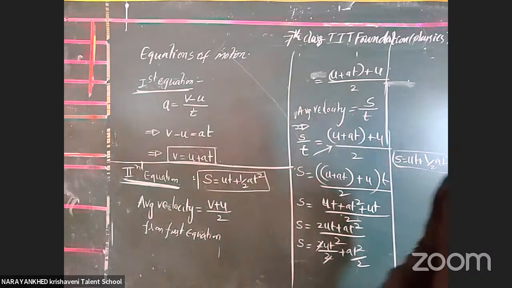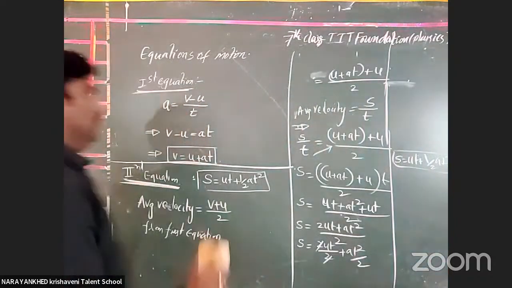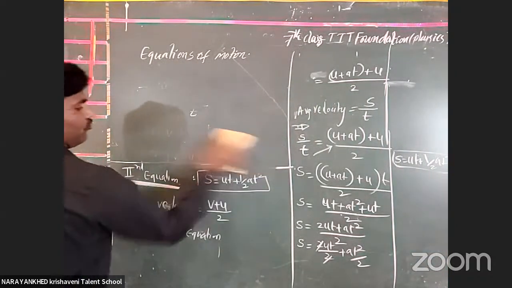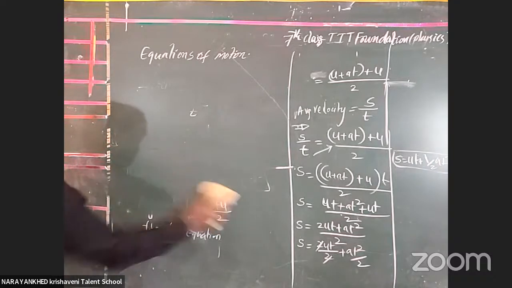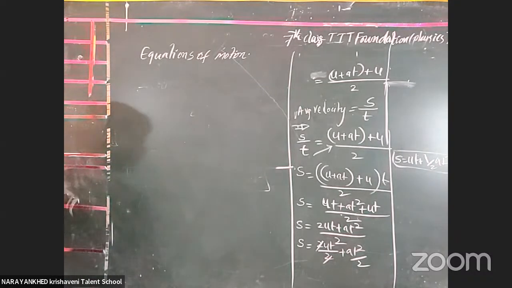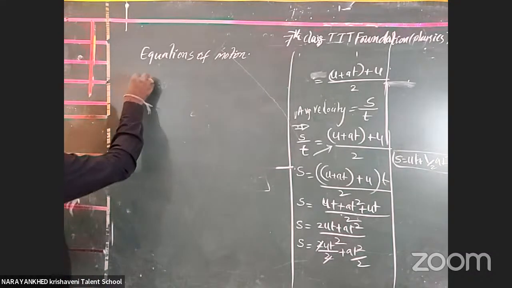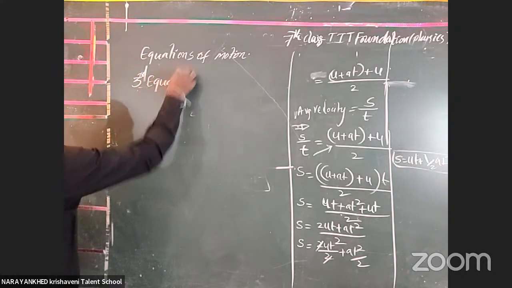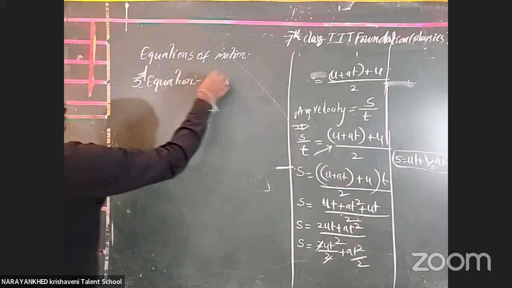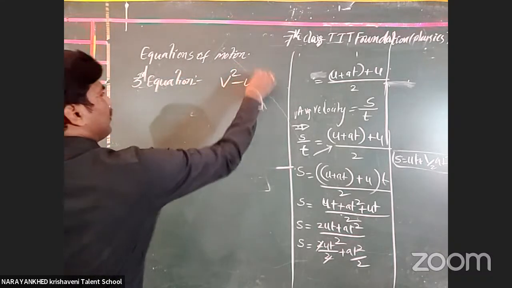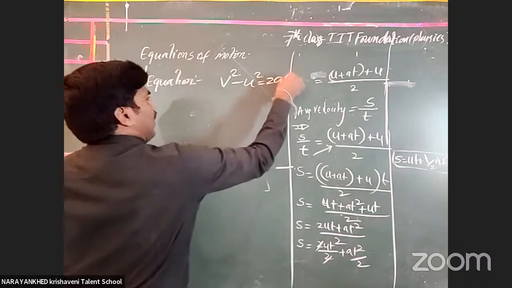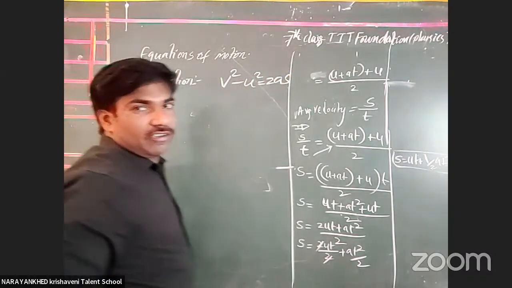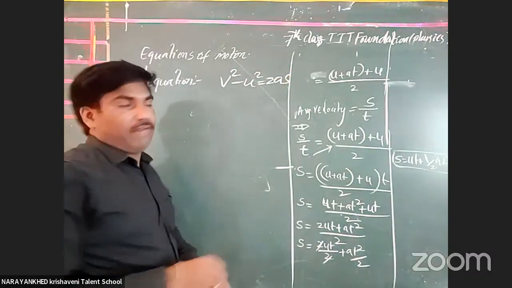Yeah, next. After this, third equation of motion. Yeah, third equation of motion is what? It gives the relation between the acceleration, traveling distance, initial velocity, and final velocity.